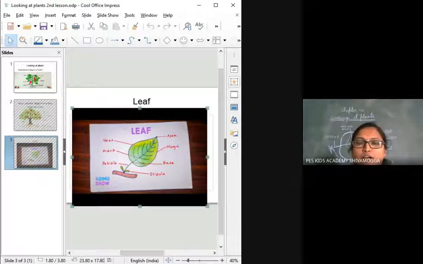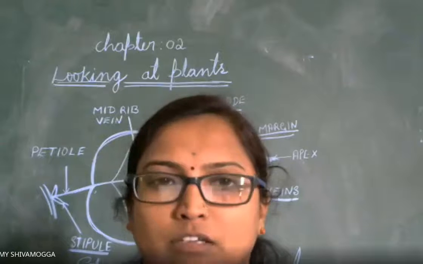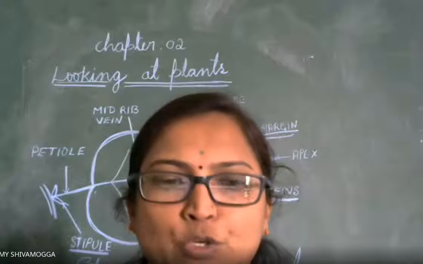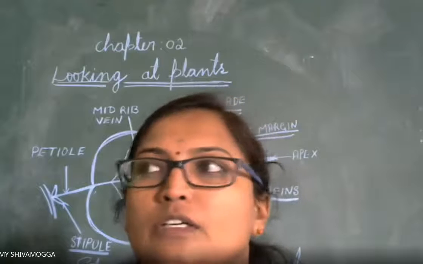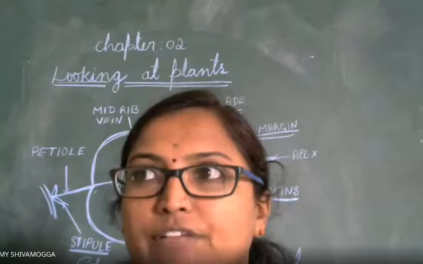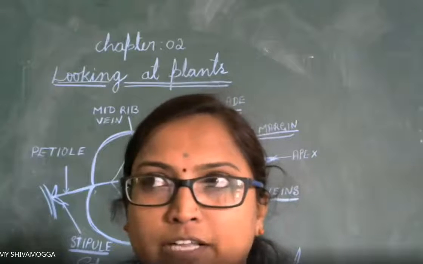Some plants have a big leaf and some have a very small leaf. In the previous class we studied different types of trees. Now I am showing you the leaves of different kinds of trees.